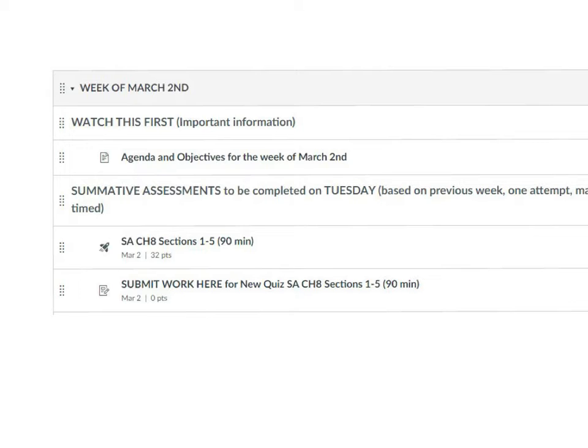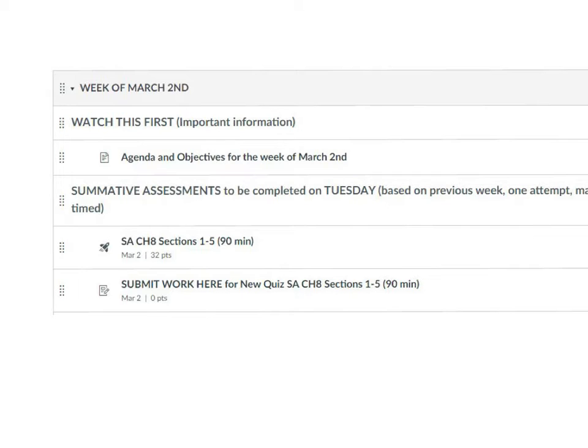As you're doing your summative assessment, the directions will tell you that you need to number your paper with a problem number and write down all work in a neat and legible manner. And then when you are finished with your test, you will need to submit your work here.